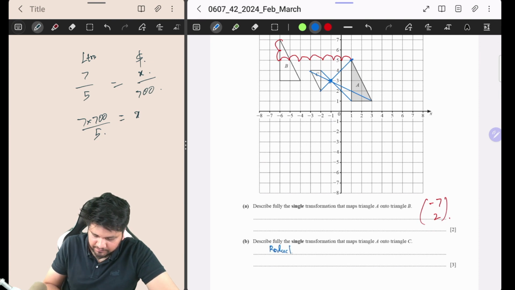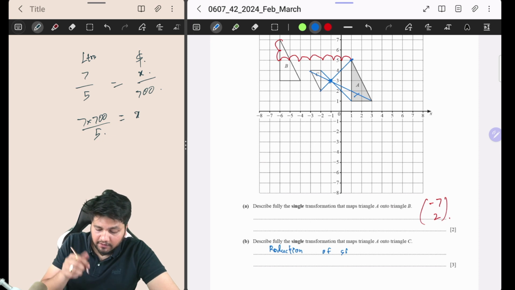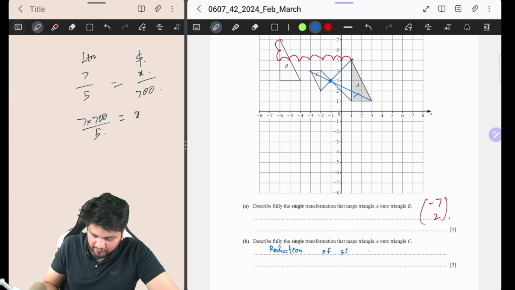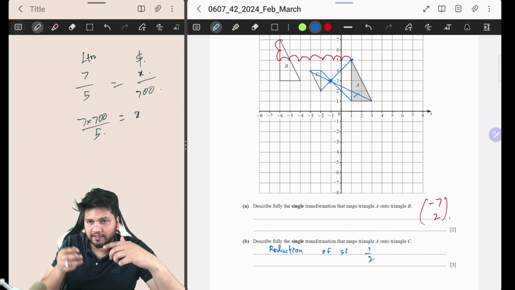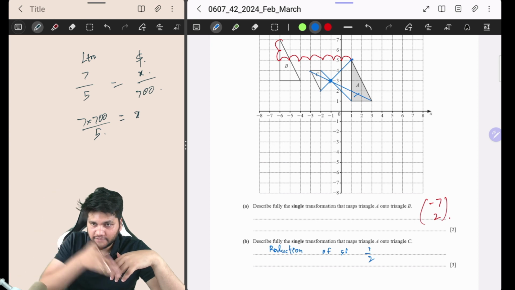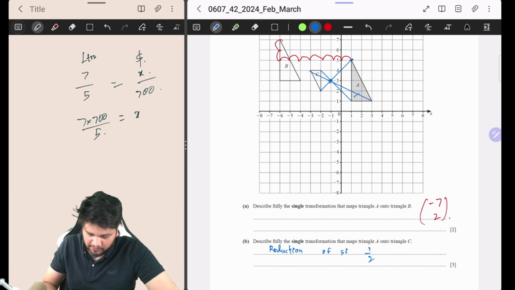So reduction of scale factor: I can see there are 1, 2, 3, 4. The length of the triangle A is 4. Now here the length of the new triangle is 2, so obviously it's half, but it has also been switched, the one which is going that side is now on the negative side. So reduction of scale factor minus 1 by 2 with respect to the point, which one?